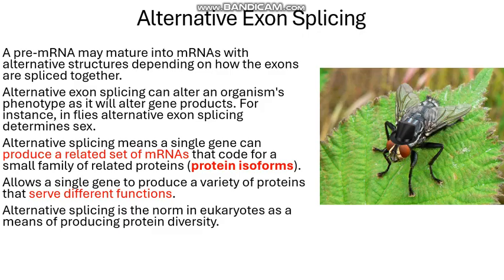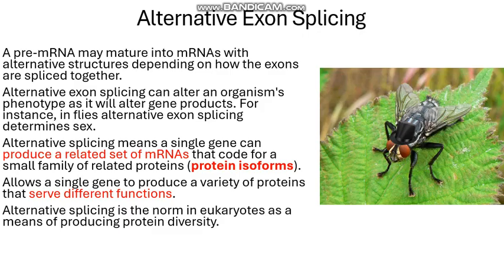Alternative splicing also means a single gene can produce a related set of mRNAs that code for a small family of related proteins. These related proteins are called protein isoforms.